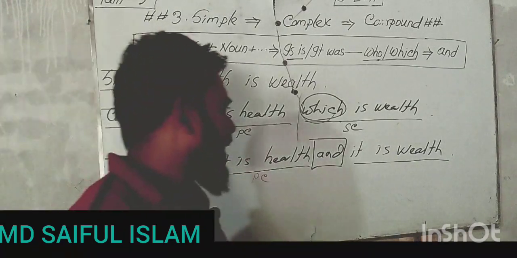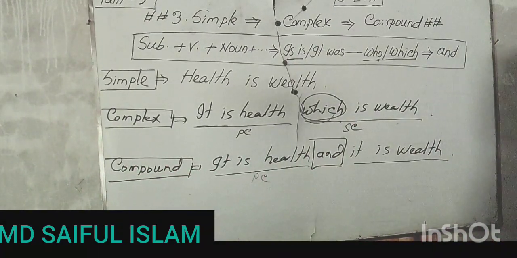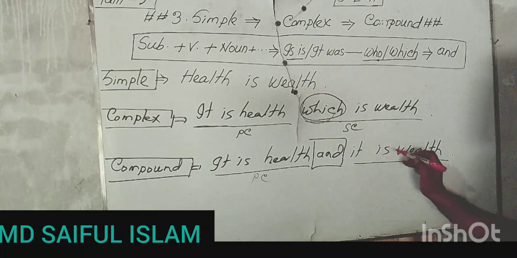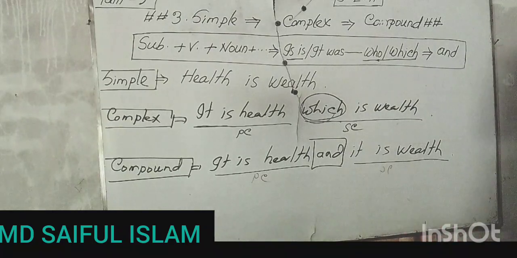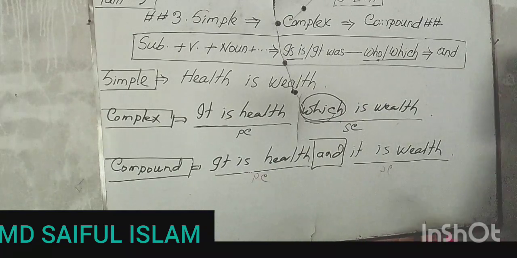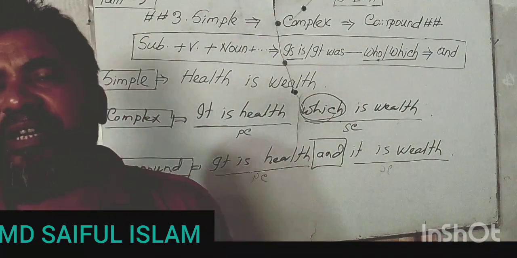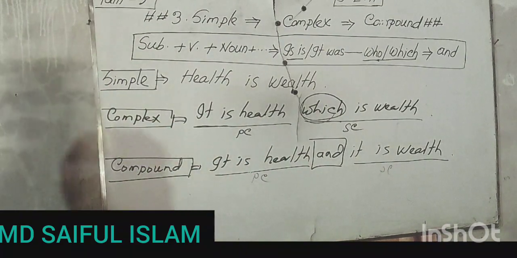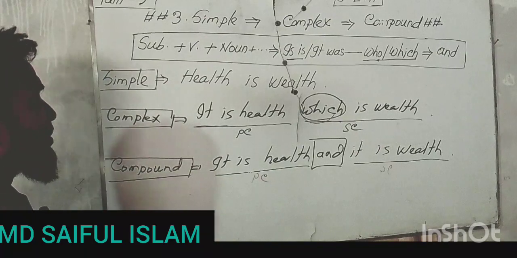And the other clause, try to think, dear viewers, also possesses one subject and one finite verb. Of course, so principal clause. And viewers, according to the definition of a compound sentence, if any sentence possesses a double principal clause mixed with a coordinating conjunction, and, but, or, etc., of course, it is a compound sentence. So here it must be changed into a compound sentence.